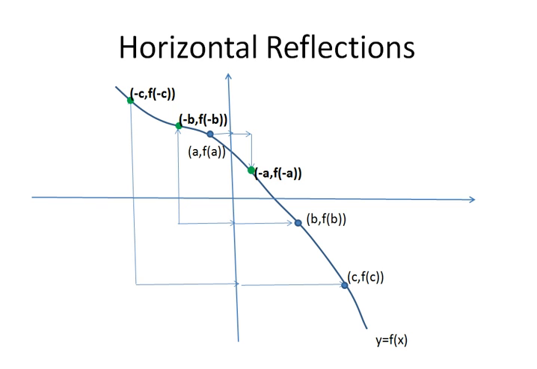That is, (a, f(-a)), (b, f(-b)), (c, f(-c)). We can't do this directly, so we first locate 3 points on the original graph with those outputs. That is, (-a, f(-a)), (-b, f(-b)), and (-c, f(-c)).